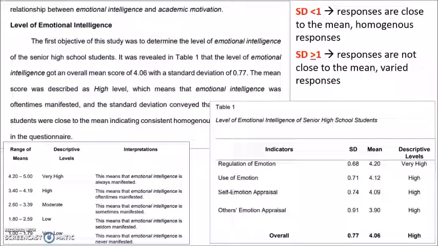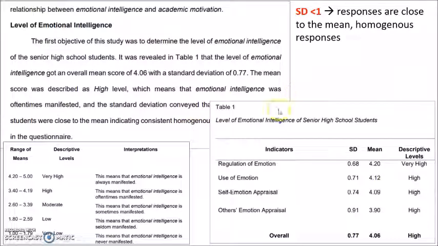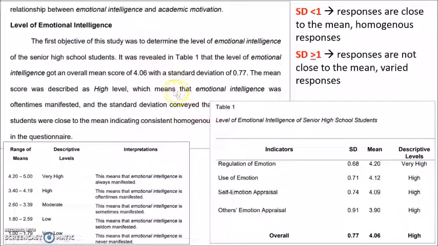No? May sumagot din ng 2, which is very far from 4. So, varied. Iba-iba yung mga sagot nila. Siguro meron ding nag-5. Di kaya meron ding nag-3. So, paiba-iba. Okay? So, in this case, hindi homogeneous yung responses. Again, yun ang how we interpret the standard deviations. Okay. Sige, balik tayo. So, ayan na yung first paragraph natin under variable 1.